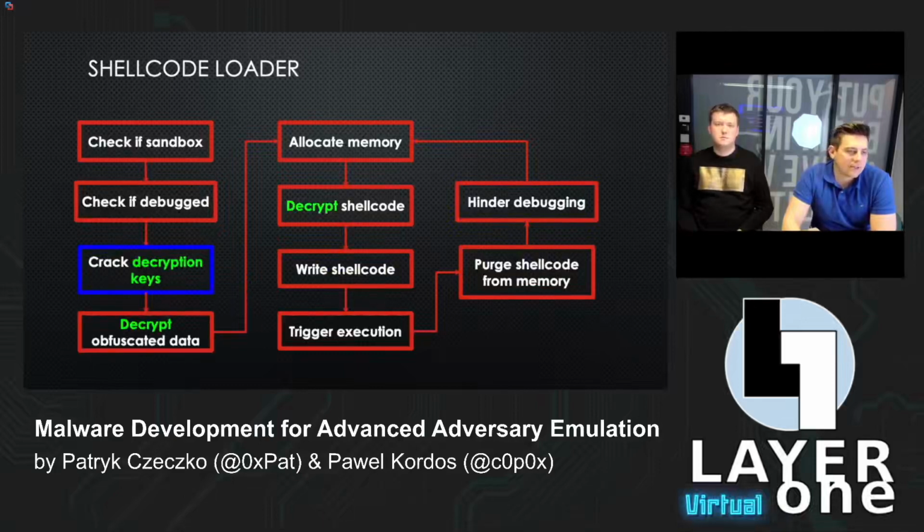Another cool feature we could implement in our malware is cracking of the decryption key, because as we mentioned, we could use some obfuscation or decryption during runtime for some sensitive data like shellcode or some function names or IP addresses or any other IOCs.